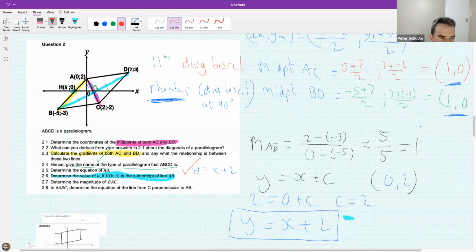What is special about that point H? It's the x-intercept, and because it's the x-intercept, we just need to make y naught. So you sub in 0 for y, and then x will be minus 2. And so the value of k is going to be minus 2. That point over there is going to be (-2, 0).